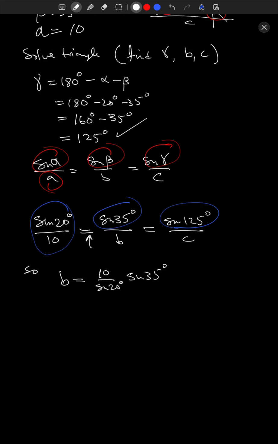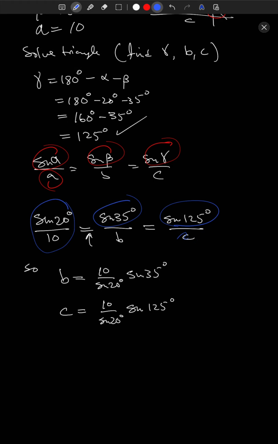And using the same thing, C is equal to 10 over sine 20 degrees times sine of 125 degrees. So to get C, we're using the equality where this one is equal to that one.